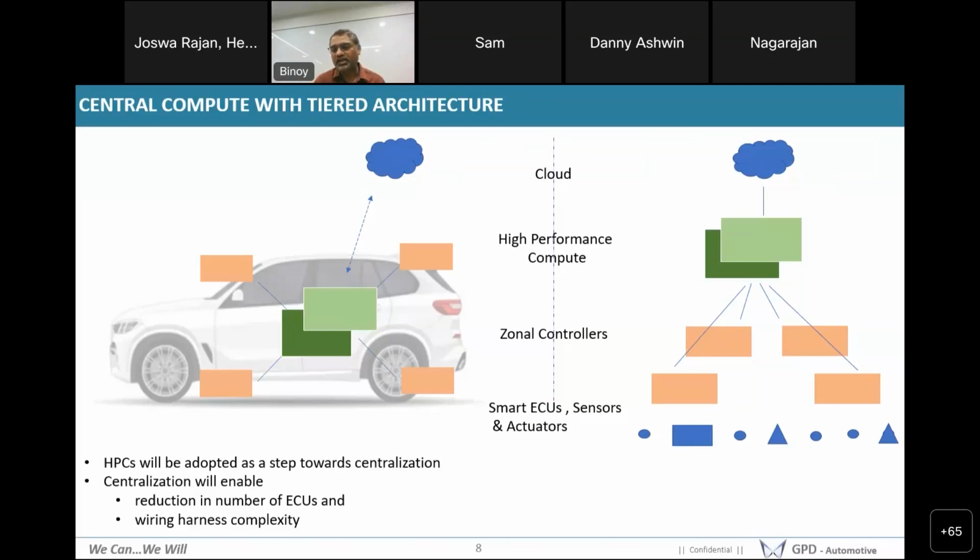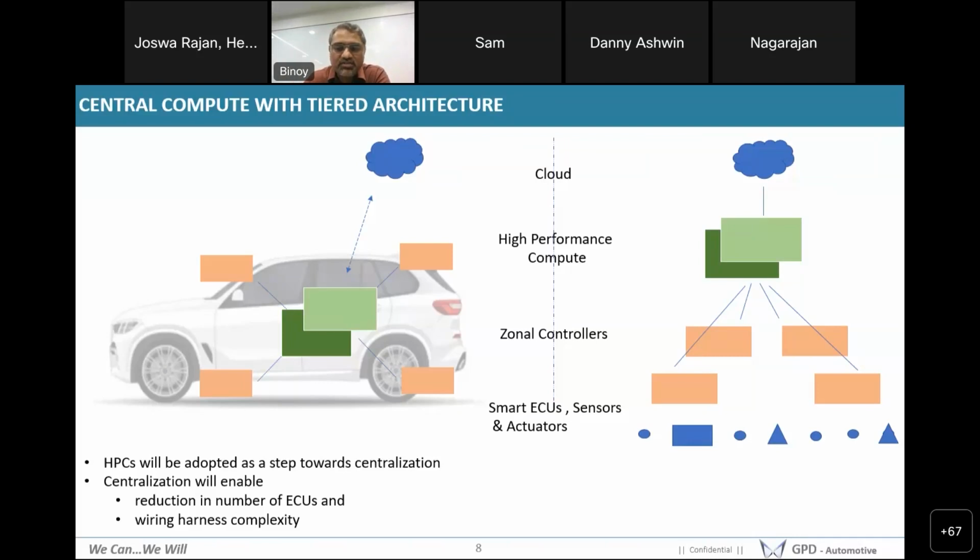Then there are zonal controllers, which will be the typical microcontroller type architecture, for interfacing the smart sensors and things like that. Those communicate over CAN-FD or Ethernet. Ethernet has happened in the car.